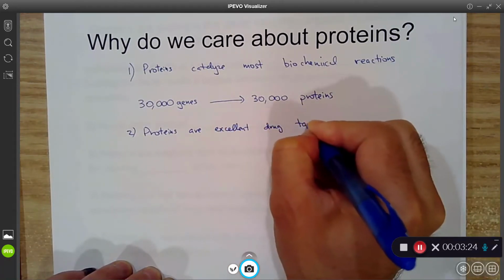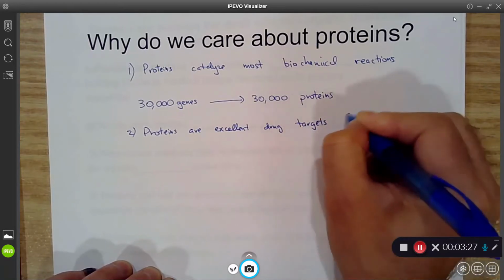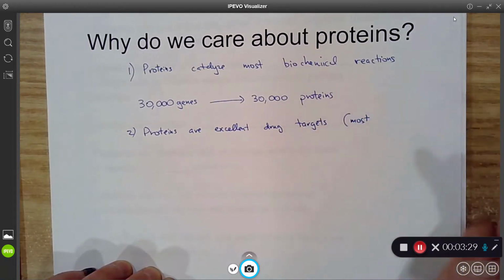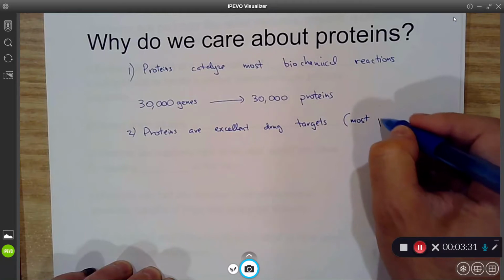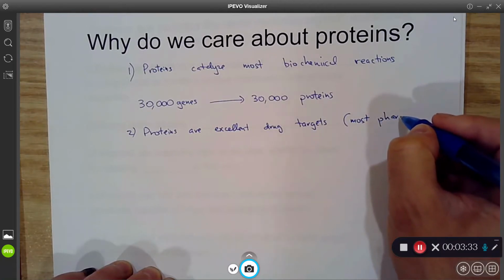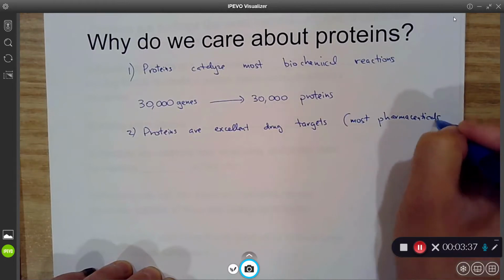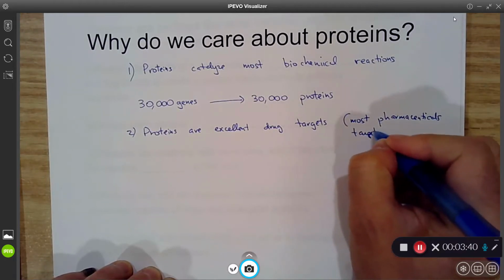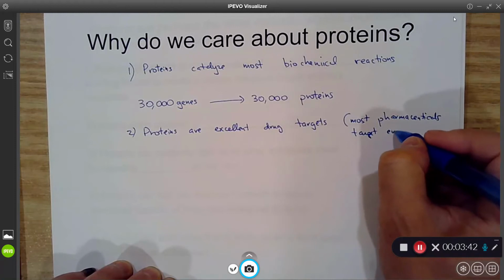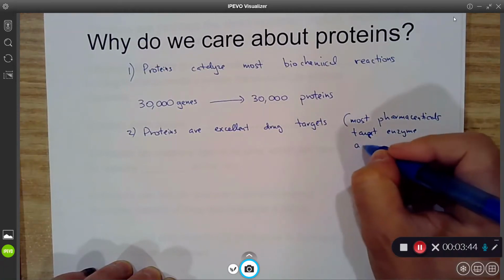As we will learn later on in the course, proteins are not the only drug targets out there. Other biomacromolecules can also be very useful drug targets in pharmaceutical drug discovery. So most pharmaceuticals target enzyme active sites.